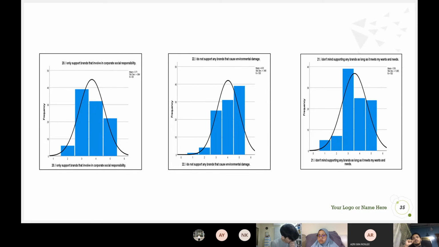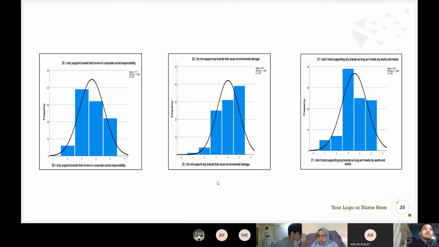For the next question, they don't mind supporting any brands as long as it meets their wants and needs. There are 39% satisfied with brands that meet their wants and needs, and also 25% agree and 24% strongly agree.